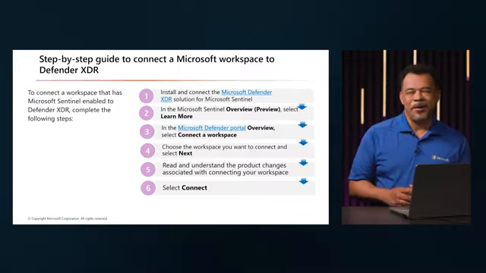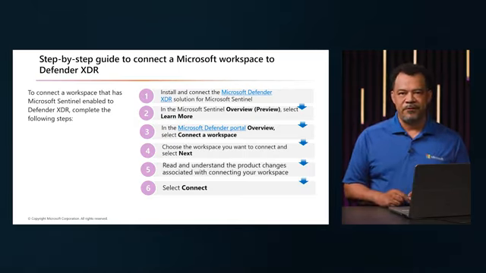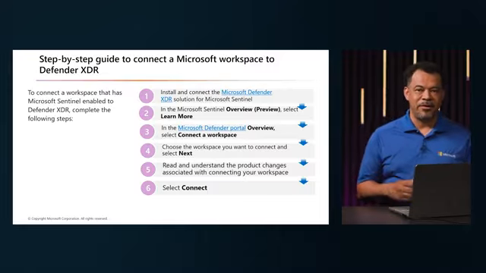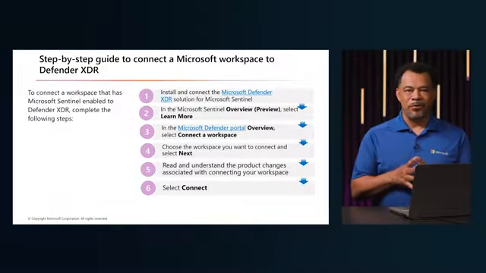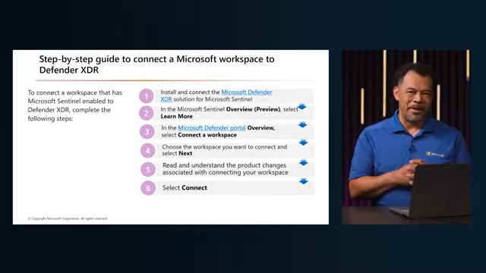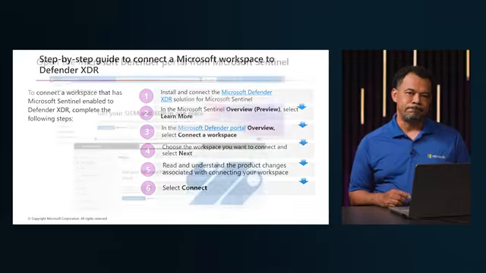And after your workspace is connected, the banner on the overview page shows that your unified Security Information and Event Management (SIEM) and Extended Detection and Response (XDR) are ready. The overview page is updated with new sections that include metrics from Sentinel, like the number of data connectors and automation rules that you have.